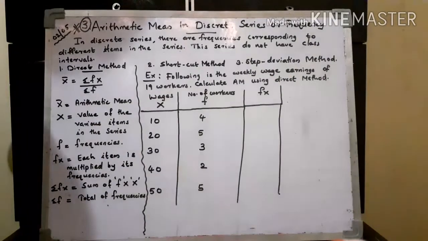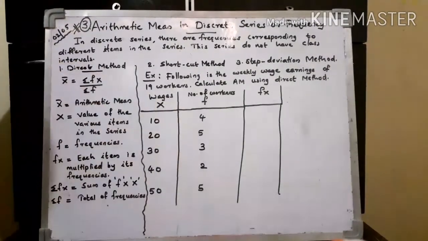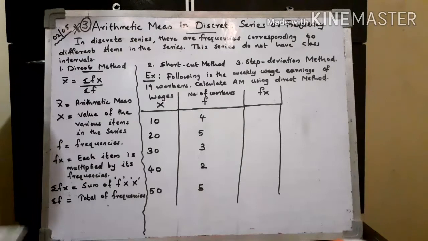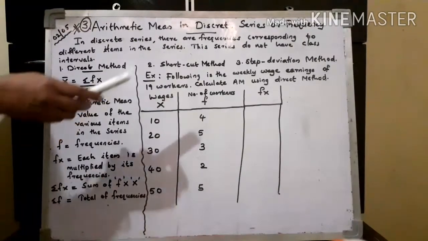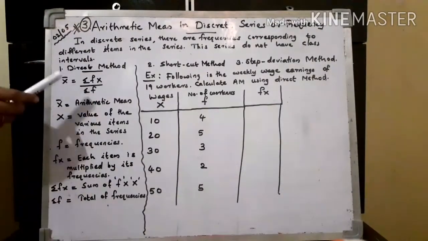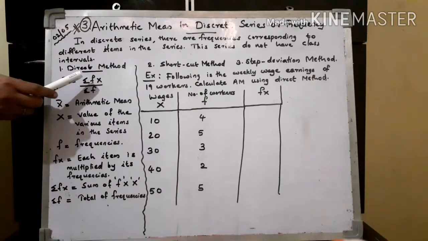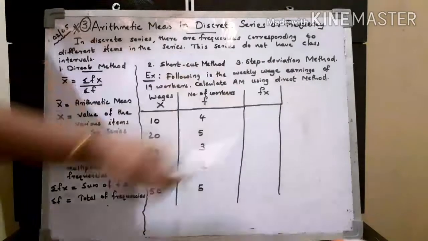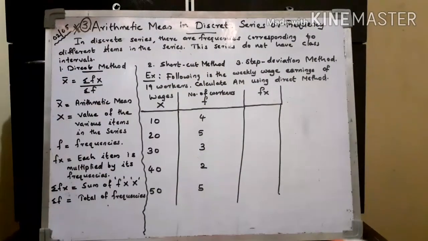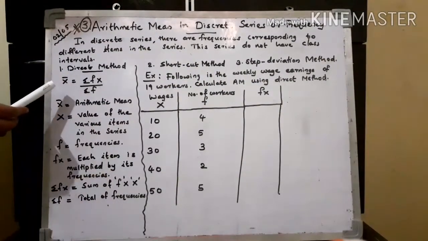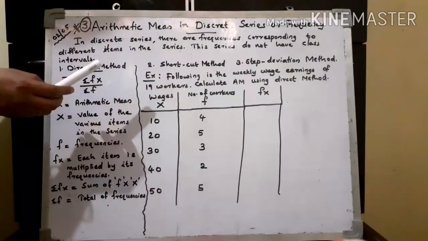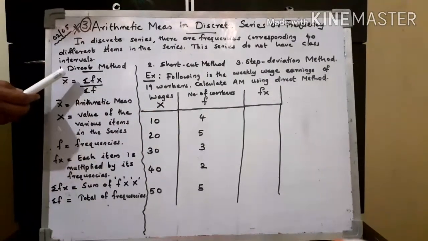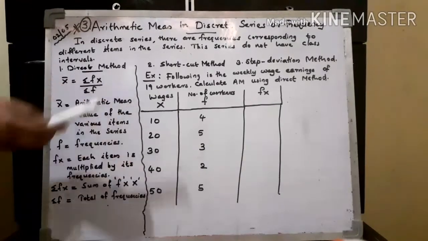Three methods are used for finding arithmetic mean in discrete series. First method, direct method. Second, shortcut method. And third one is step deviation method. In this class, I am going to discuss how to calculate arithmetic mean in discrete series by using the direct method.